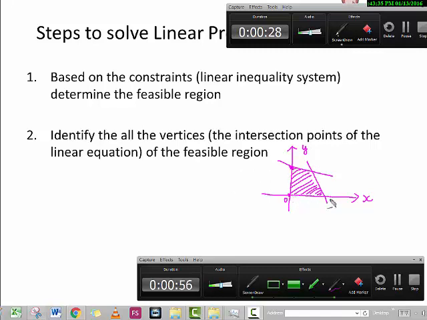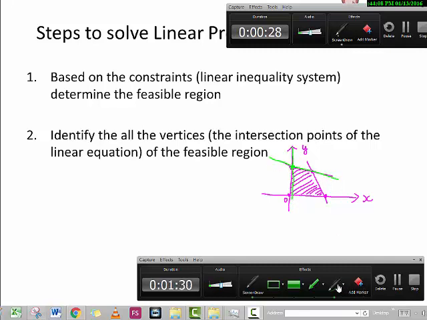So 0, 0 is easy. But for the other 3 vertices, they're basically the intersections of lines, and I use different colors to highlight them for you. This vertex is the intersection of the y-axis and this linear equation.